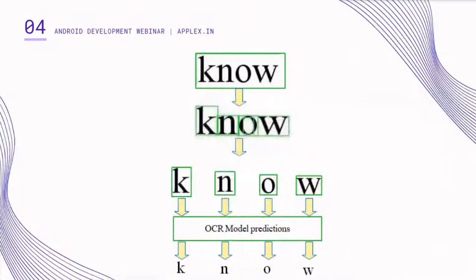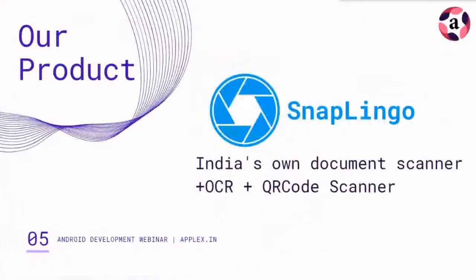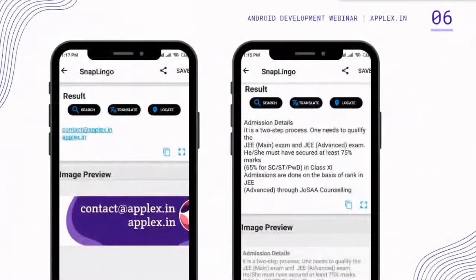Okay, so enough of these theoretical portions. We have our product Snaplingo, where we use OCR to a great extent. We have these OCR features. I'll just give you some screenshots of this.